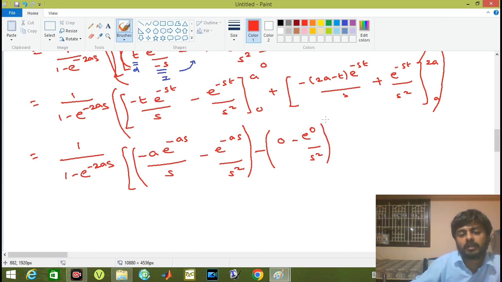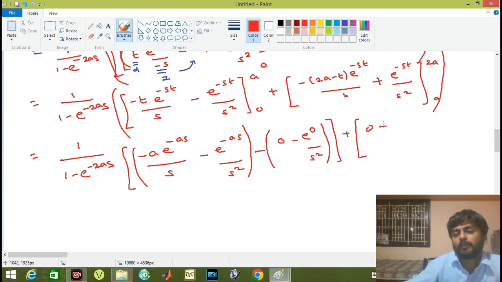Then you will have plus. Here on substituting 2a for this t you will have 0. So 0 plus e power of minus 2as by s square.